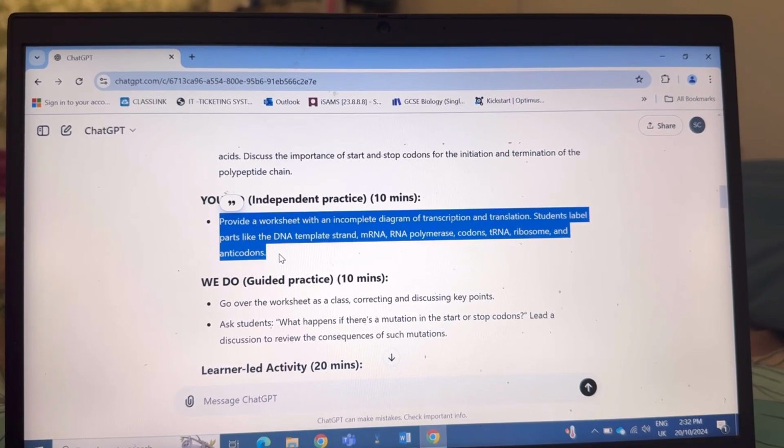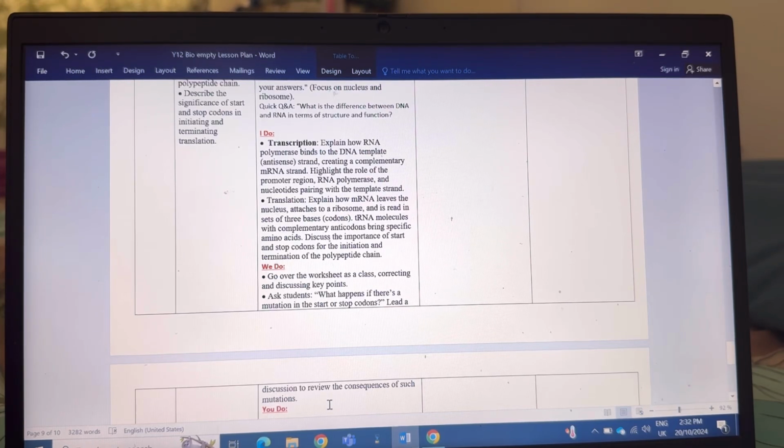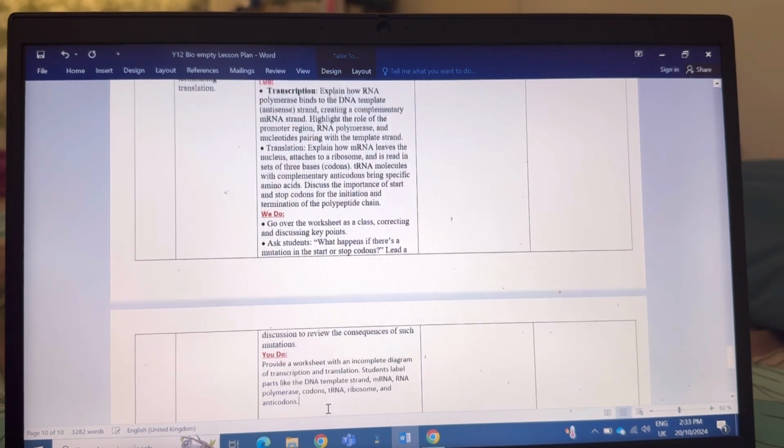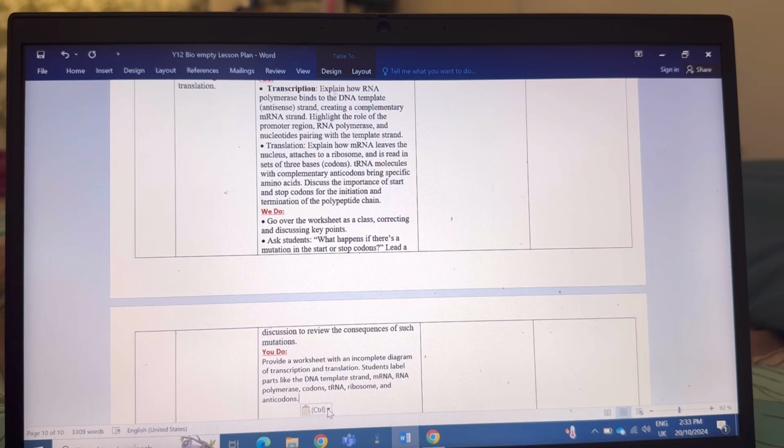So you do also means I have to give a worksheet with an incomplete diagram of my topic, and then they label the parts. Okay, this seems like an interesting worksheet. They will be very happy to do this. So I have to print some worksheets for my students beforehand, right?